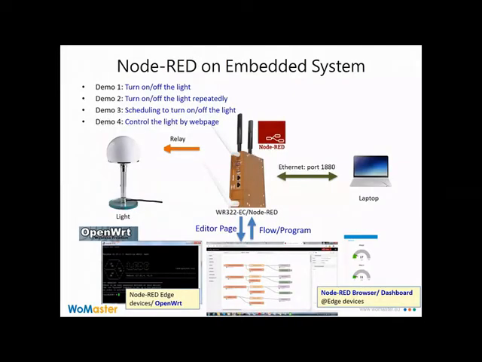Let's start today's hands-on. The architecture is just like this topology. We will use the Ethernet to connect the laptop from the wireless devices. In the other hand, the line will be controlled to the WR322 by the relay here.